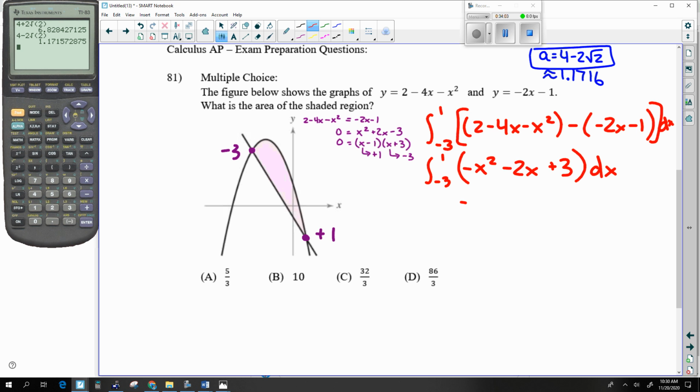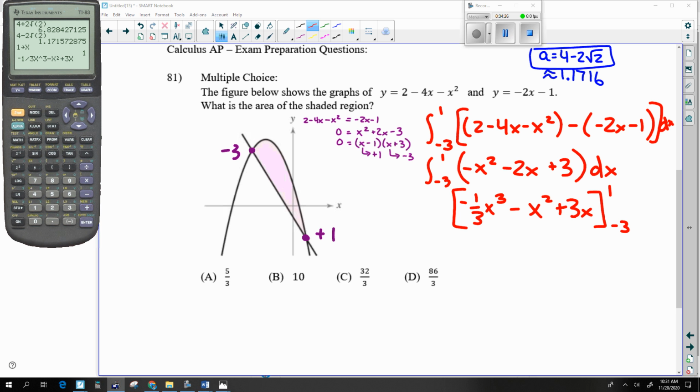Okay, so here we go. Negative 1/3 x cubed minus x squared plus 3x, evaluated from negative 3 to 1. We plug and chug with the 1: negative 1/3 x cubed minus x squared plus 3x gives 5/3.